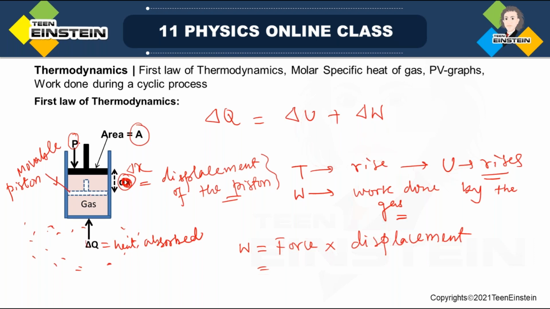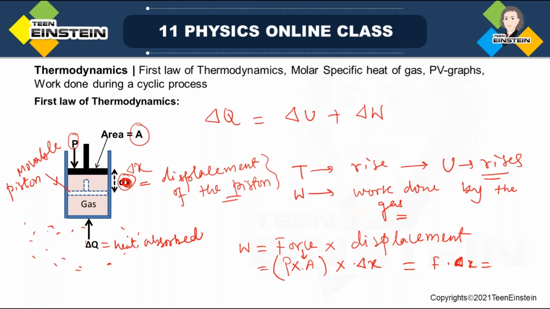This gas is working against the constant pressure P. That means the force will be P into the area of cross section of the piston, A. Thrust is pressure into area. That means this is the force and the displacement is delta x.